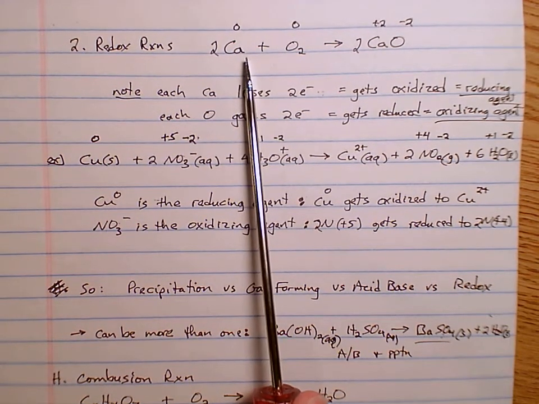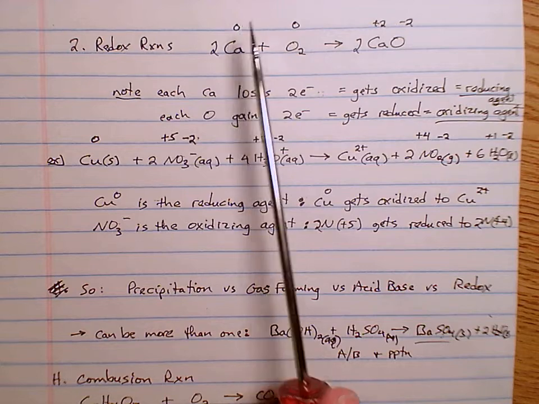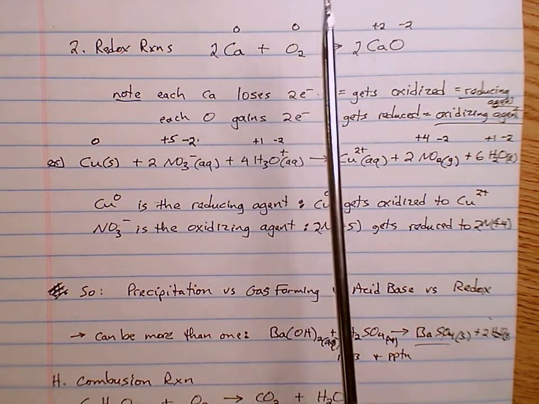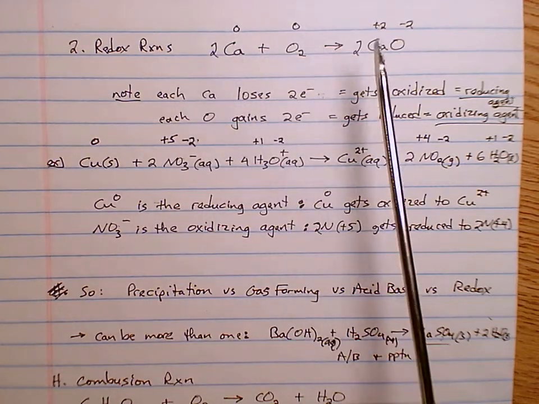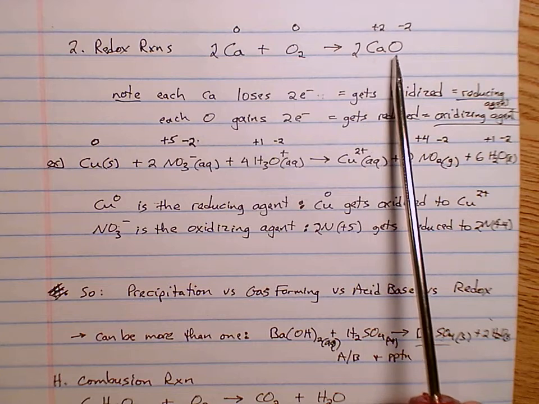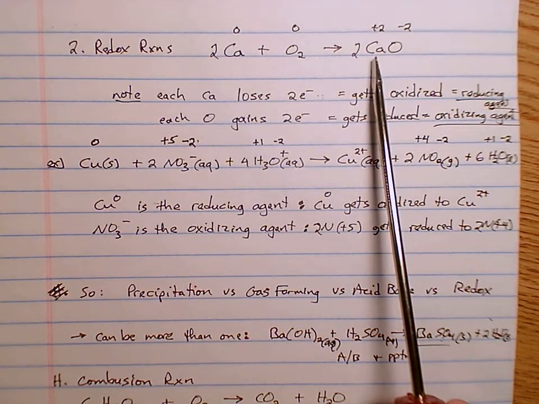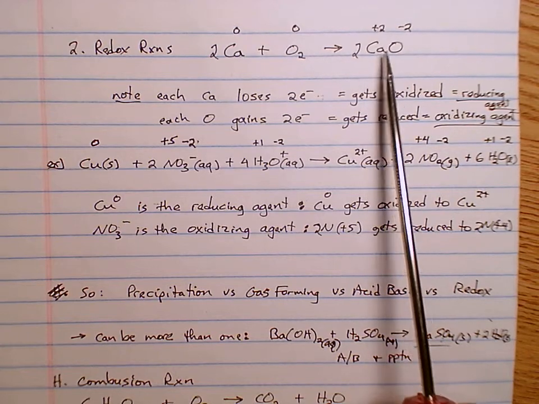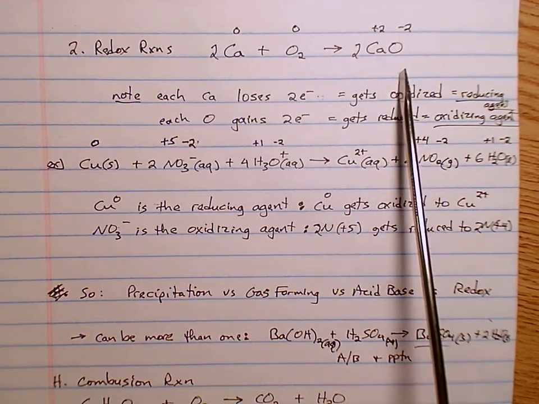It must be calcium metal then, so it's in the 0 oxidation state. O2 is oxygen in the elemental form, so that's the 0 oxidation state. CaO is an ionic compound, a metal and a nonmetal, so we know the calcium in CaO is 2 plus, which means if it's 2 plus, this oxygen has to be minus 2.